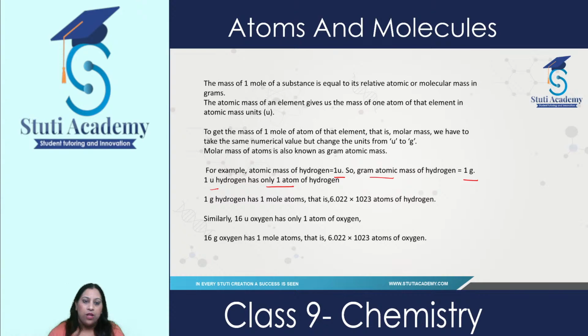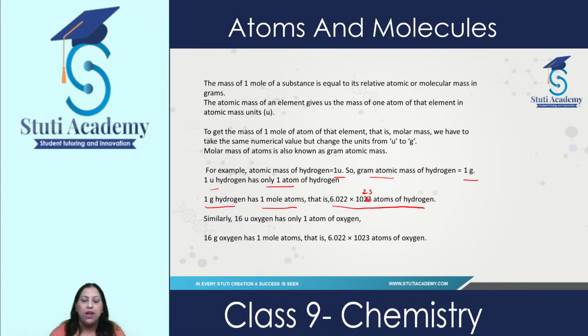With the help of this mole concept, it is very easy for us. Otherwise, we cannot measure these atoms because they are so small. And if 1 gram hydrogen is 1 mole, it has this number of atoms, so Avogadro's number, 6.022 into 10 raised to power 23, is always equal to 1 gram and 1 mole.